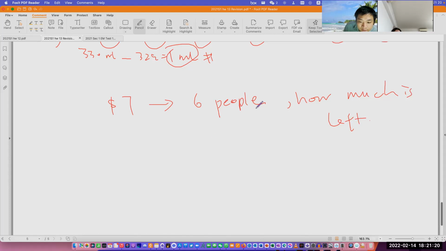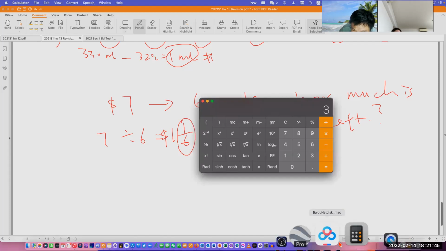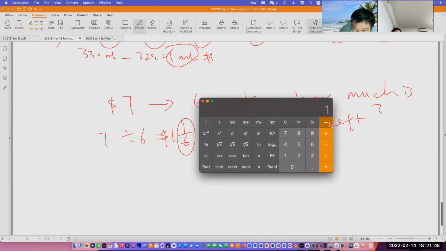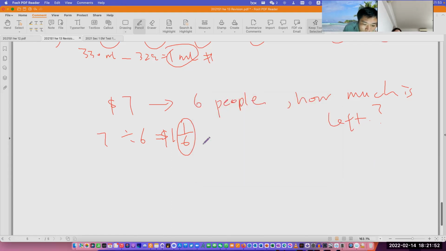Probably you can say 7/6, which is 1 and 1/6, so you can give people $1 and 1/6. But in Singapore, or in the world, normally you don't have this. 1/6 is how much? Let me calculate it quickly. You don't have 0.166 and all those.